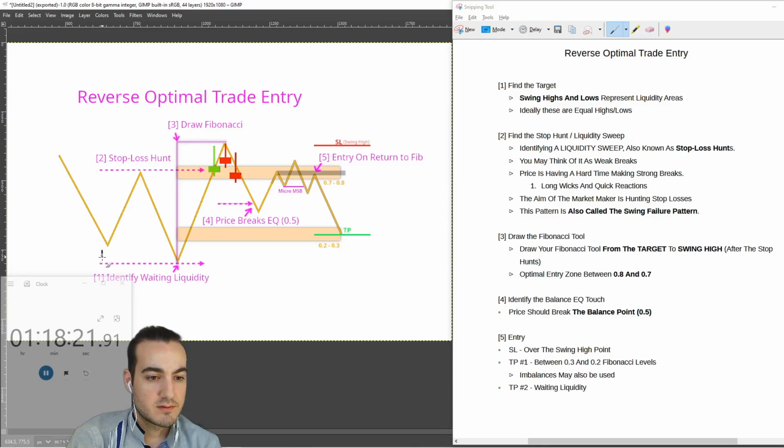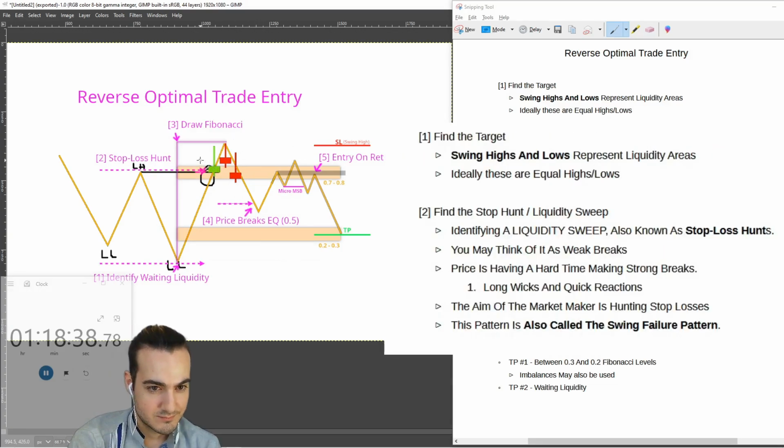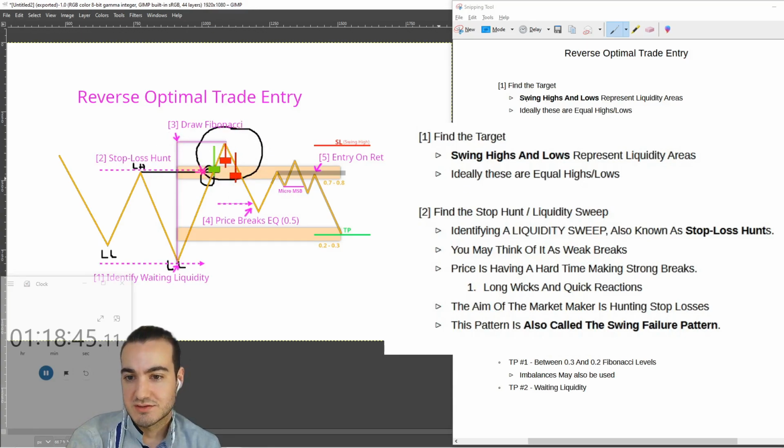So we have lower low, lower low, lower high. We have a break here. And then we come up here. And this is a weak market structure break.